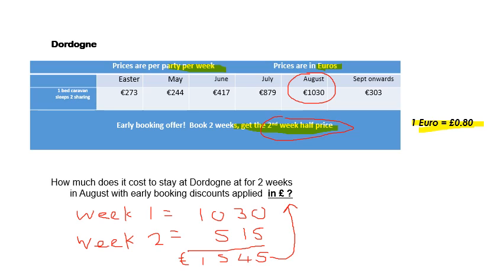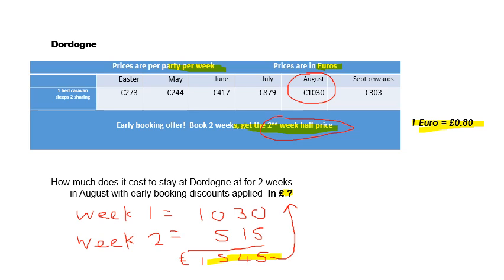So how do we turn this into sterling? Essentially, we're into conversion here. Now the tip I always give students is this: when you are converting an amount between currencies, you're always either multiplying or dividing. If you do the wrong one, it should be obvious when you go to check it.